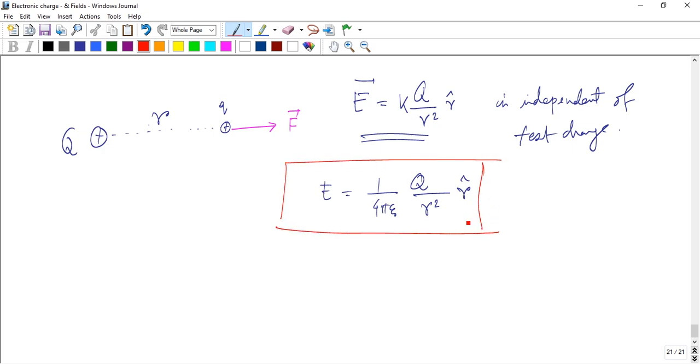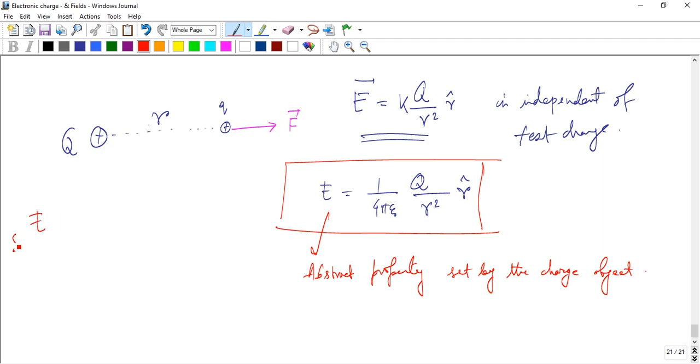Electric field is an abstract property set by the charge object. So the SI unit of the electric field is very easy.